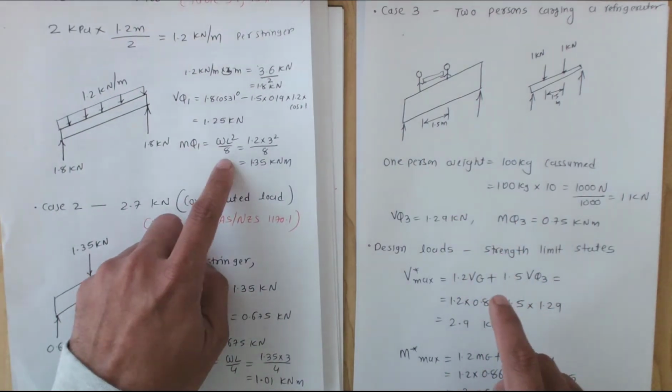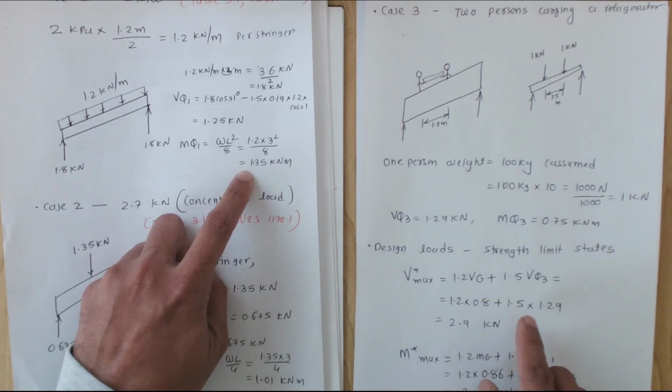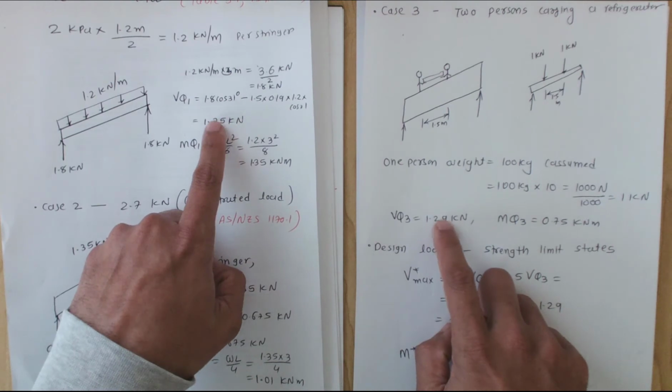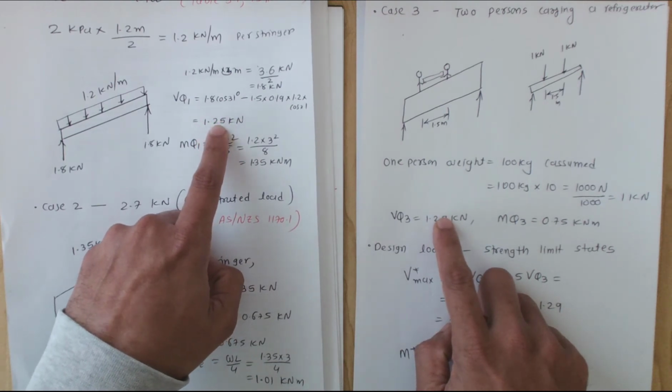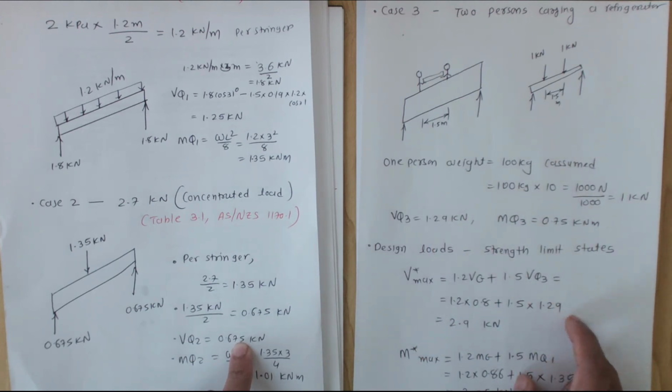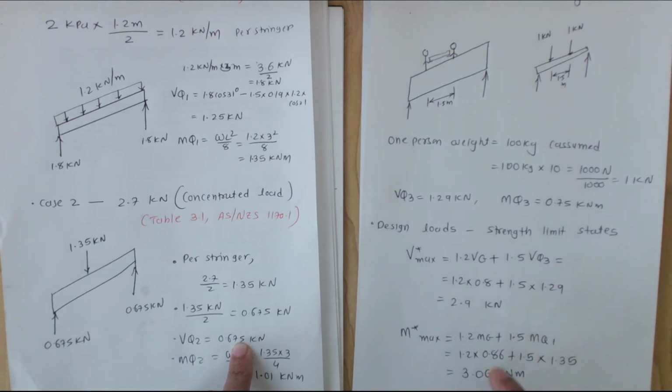So 1.29 is the maximum, the worst case scenario. If you substitute, you have a shear force of 2.9 kilonewtons.